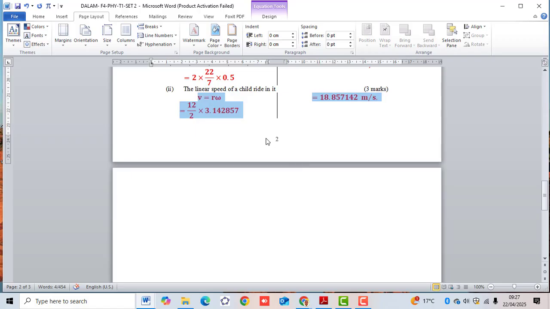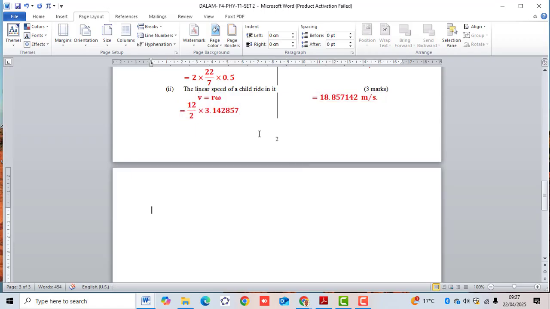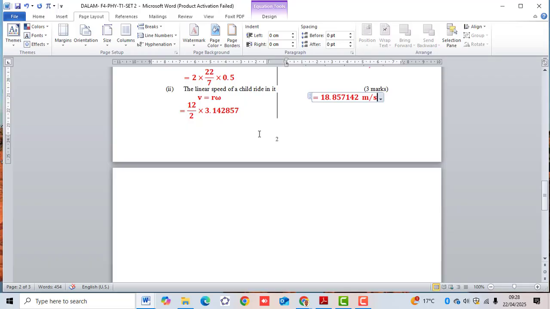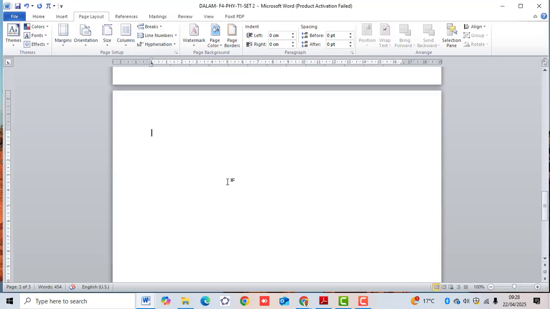Good. So you can see how I've tried to organize my work. That is how a student is expected, at least, to organize your work.